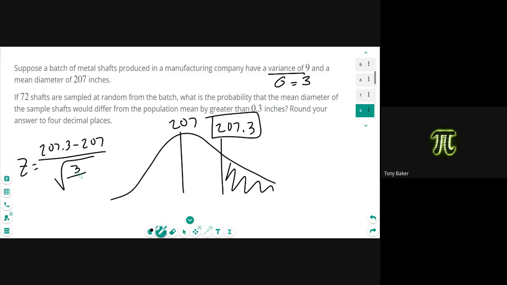Oh, was it 3 or 9? Hold on. I'm just trying to remember. I put the square root in the wrong spot. 3 divided by the square root of 72.